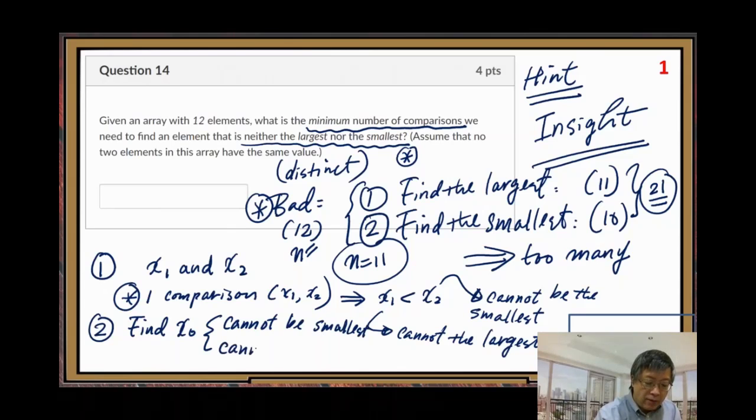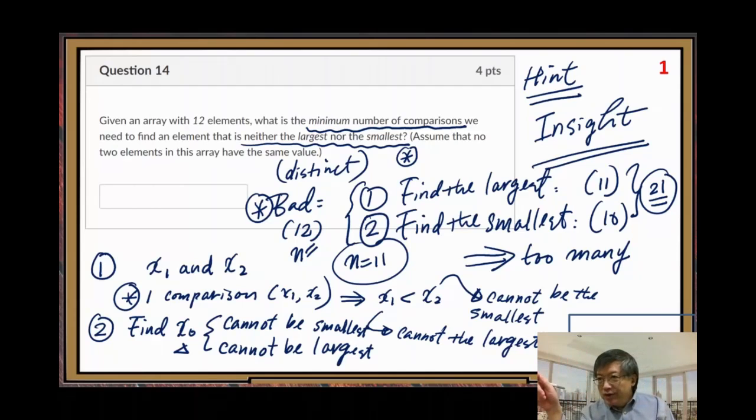X0 cannot be the largest. Can you do that with the minimum number of comparisons?